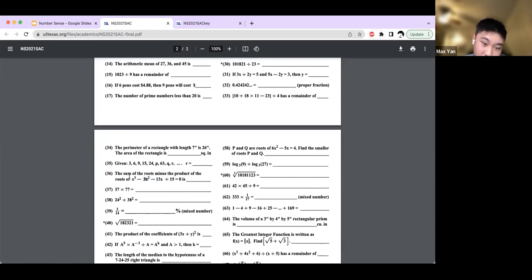So -3 over 1 times -1. The sum of the roots would be 3. The product of the roots would be the last number, which is 15 in this case, divided by the first one, times -1.